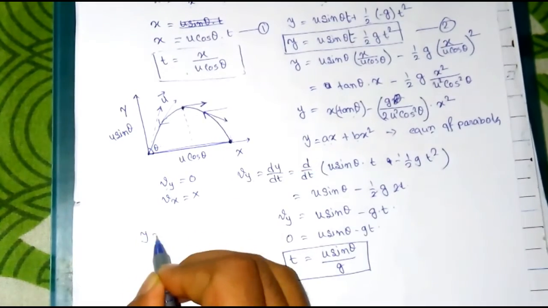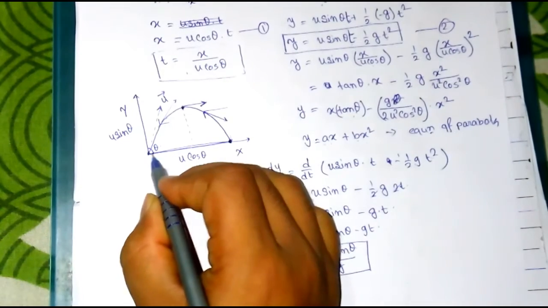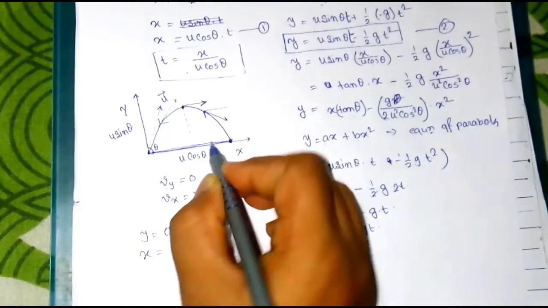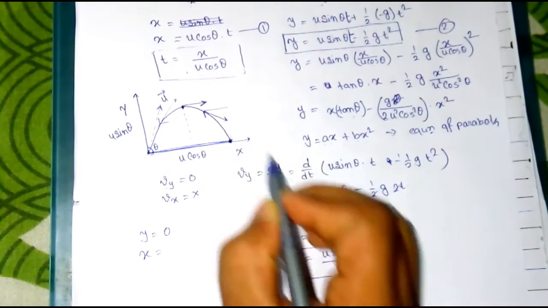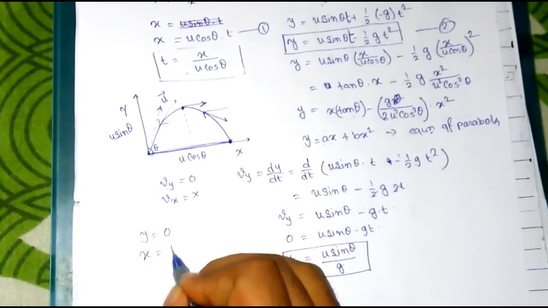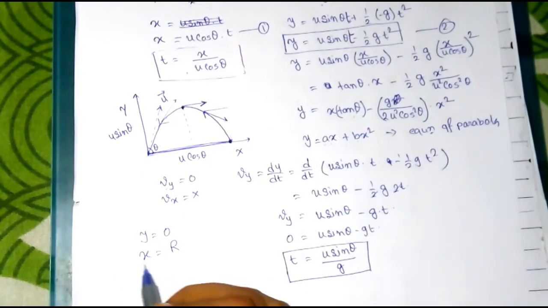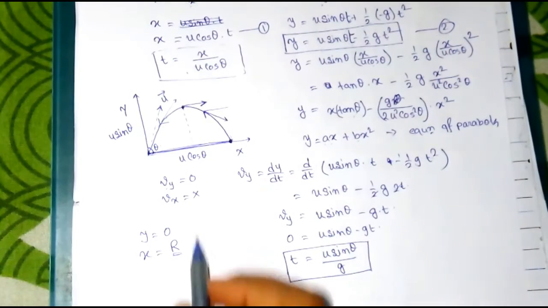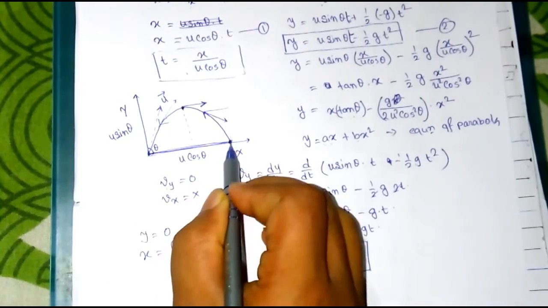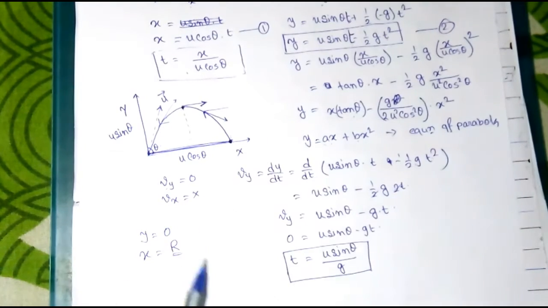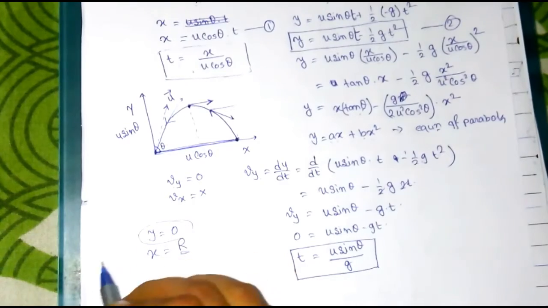So the y coordinate at this point is 0, but the x coordinate is not 0, because there is some displacement in the x direction, but in the y direction there is no displacement. If we consider that displacement as r, that means the maximum range, we can calculate the maximum range, and we have to calculate at which time it falls again at this point. So if you want to calculate the time, you have to put y equals to 0, right?